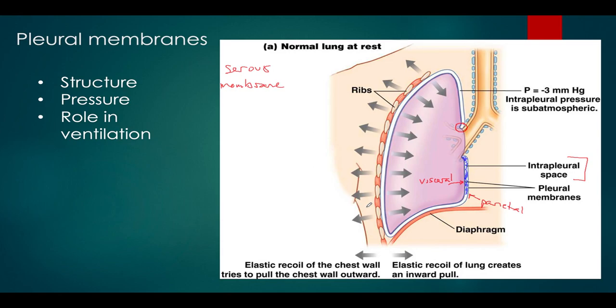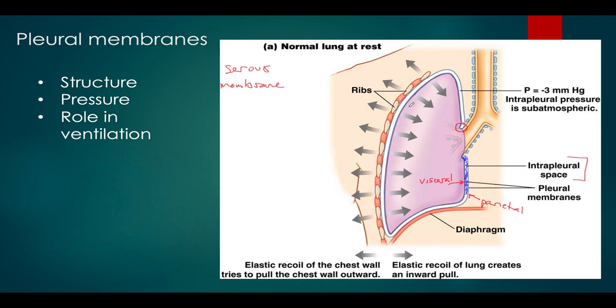We actively change the volume of the thoracic cage, and only because the lungs are stuck to that thoracic cage and the diaphragm below, through that surface tension and another factor, does lung volume track thoracic volume. That's really important to ventilation.